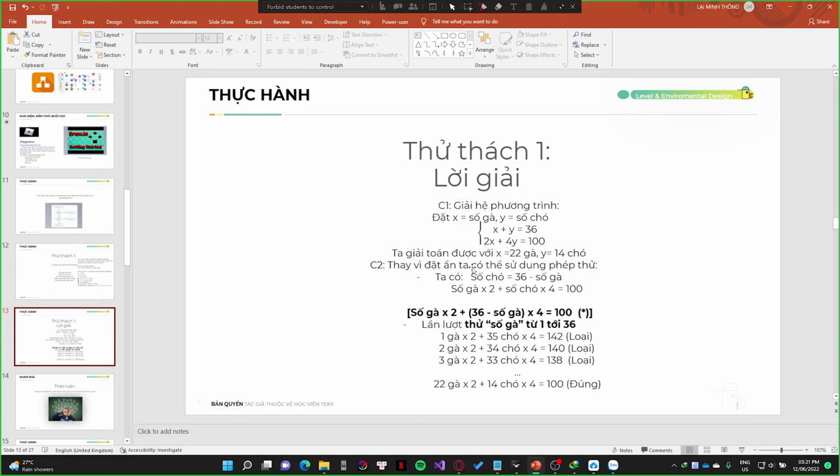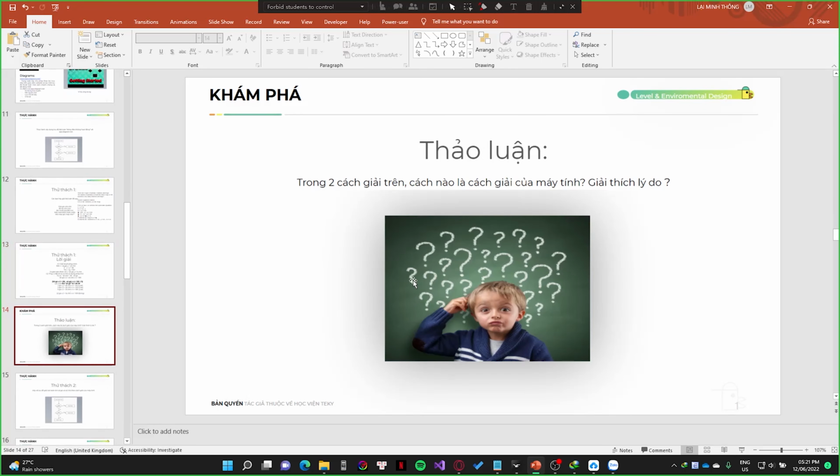So, can you think of how the computer can solve the last question? Do you have any idea how the computer can solve it?